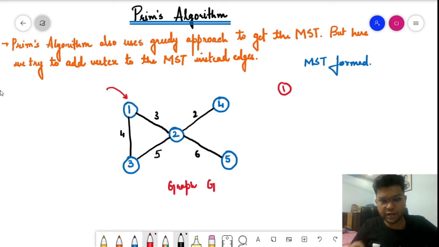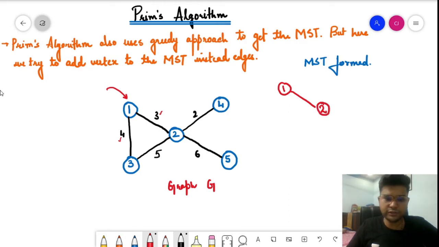I'm starting from this vertex, and let me see what all edges I can take. Whenever we take that vertex, I'll explore the edges that this vertex has. It has two edges, of weight 4 and weight 3. I'll try to make the connection with the vertex which has the minimum weight among the ones connected to 1. So I'll try to make this connection.